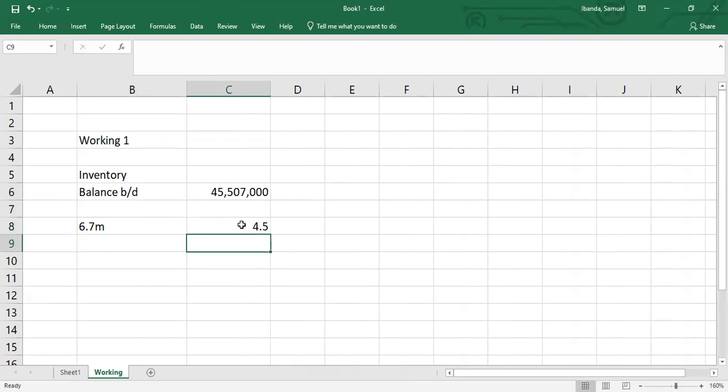Okay, so I have two ways of how to handle this. I can get the difference between this and this, and that is what I adjust.